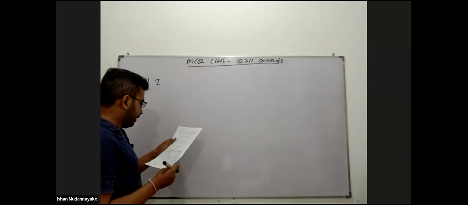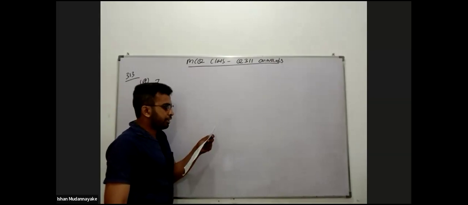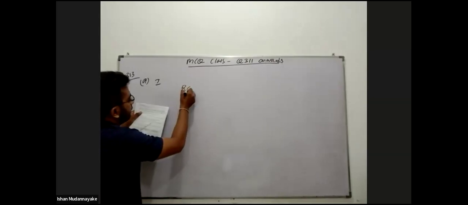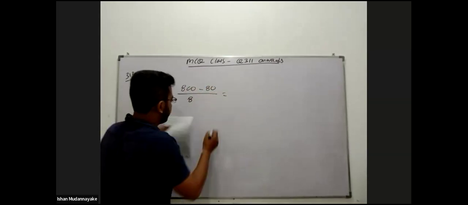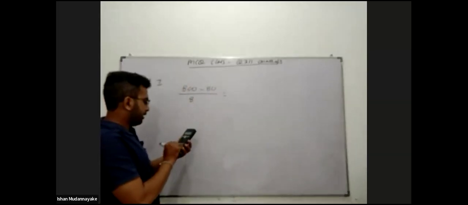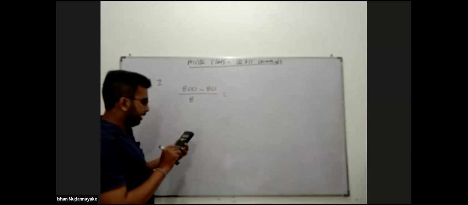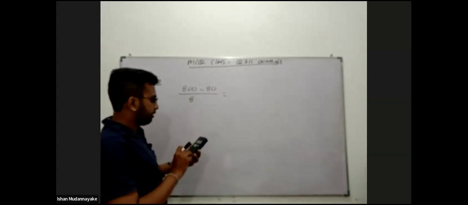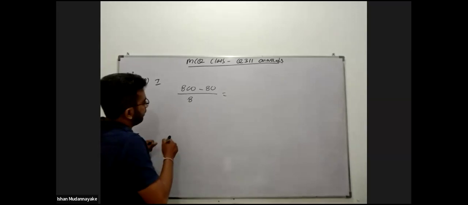For the first year of purchase, the depreciation is 800,000 minus 80,000, divided by 8 years. That is 800 minus 80 divided by 8, which gives 90.